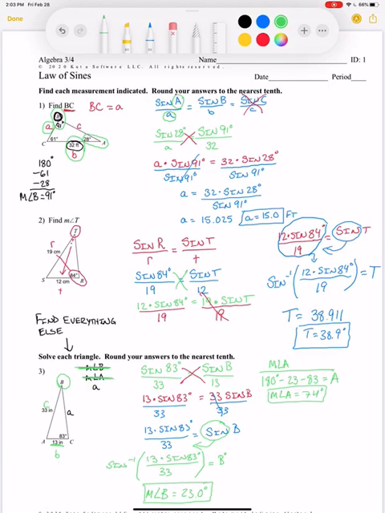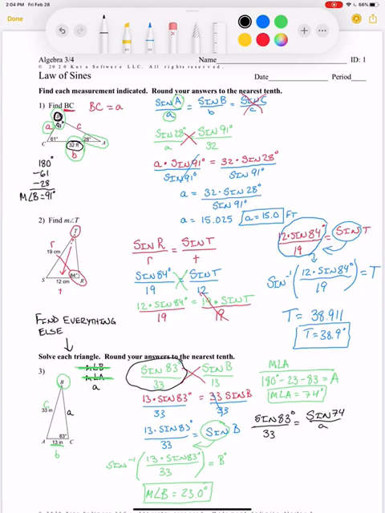The very last thing is I have to find side A. I'm going to take the ratio I started with, my C's, the sine of 83 degrees over 33, and set it equal to my A's, the sine of A over side A. Angle A we just found, that's 74 degrees.